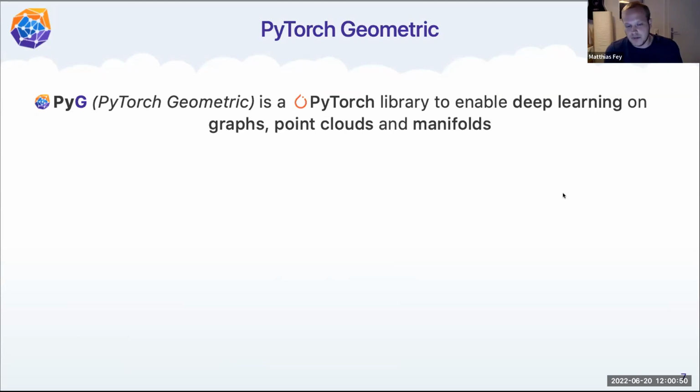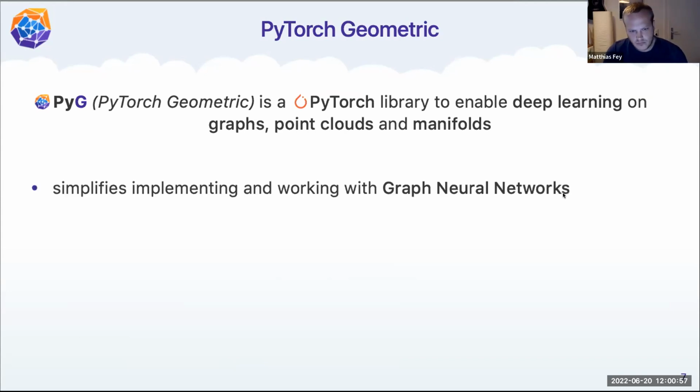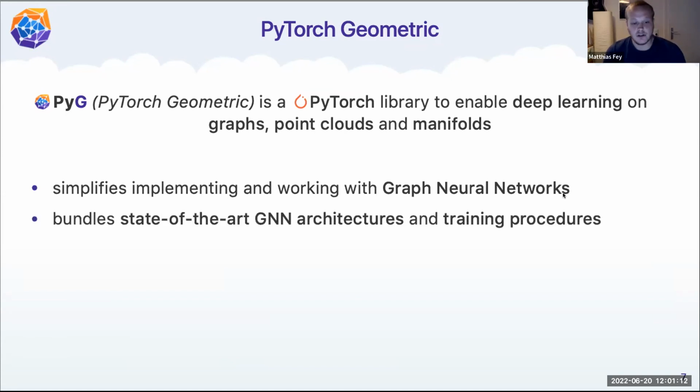So this is basically the missing piece of PyTorch to enable graph neural networks. And so PyG simplifies implementing and working with graph neural networks. So it should be super easy to write your new GNN layer, to write new GNN models that fit a specific domain, a specific task. It should also bundle state-of-the-art GNN architectures and training procedures, so you don't have to rewrite everything from scratch, and you can also directly compare yourself to state-of-the-art and related research.